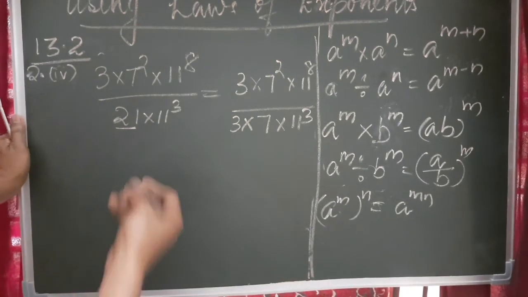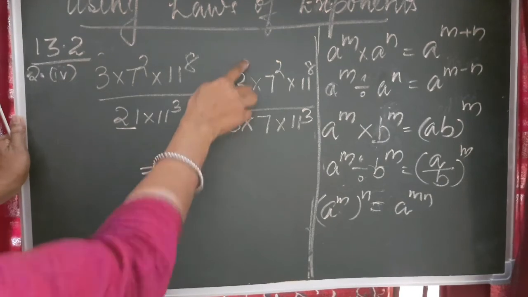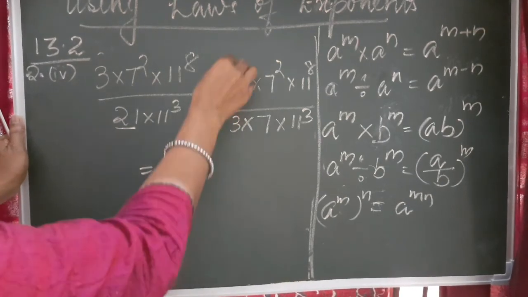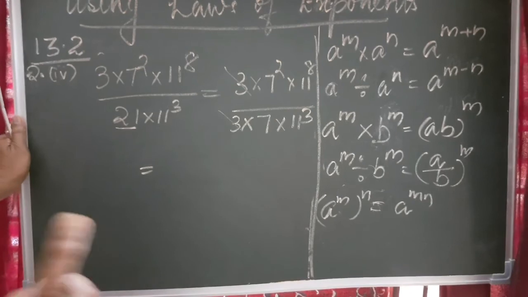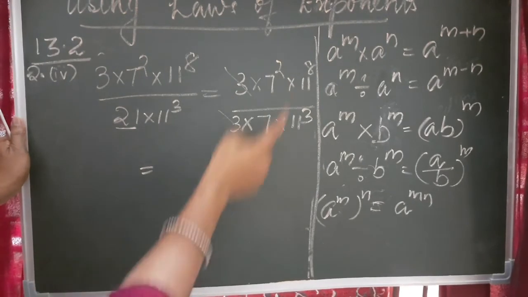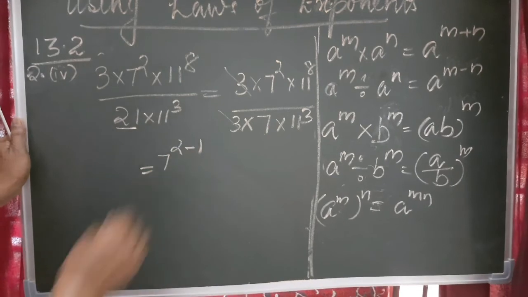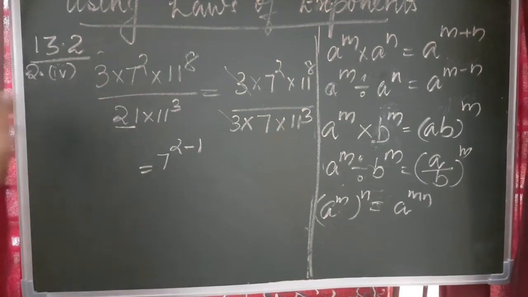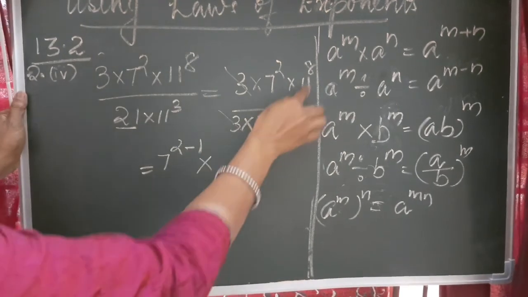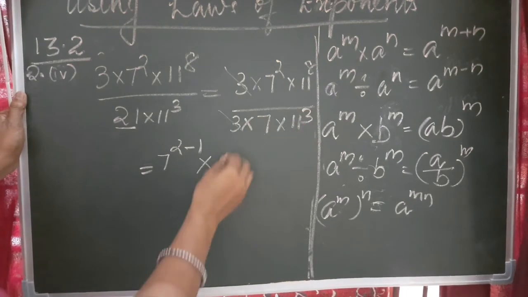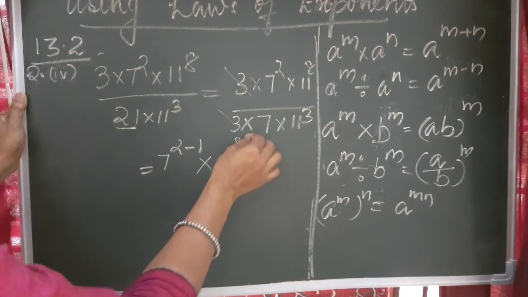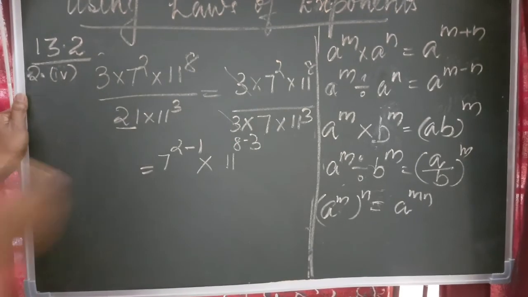Now take the common terms only. 3 raised to 1, 3 raised to 1 here, so both become 1. 7 raised to 2 and 7 raised to 1, so 7 raised to 2 minus 1, because it is division. 11 raised to 8 by 11 raised to 3 becomes 11 raised to 8 minus 3.